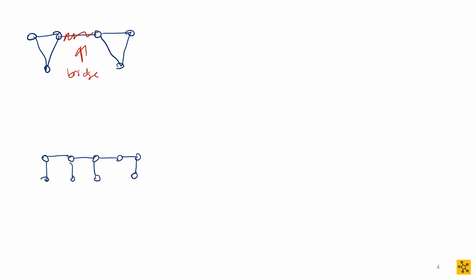Let's go back and unhide that. If you remove this one here, your graph becomes disconnected. So that's also a bridge. And the same thing over here. If you remove that one there, your graph becomes disconnected. So that's a bridge as well. Same situation happening there. So it's any edge which, if you remove it, makes your graph disconnected.